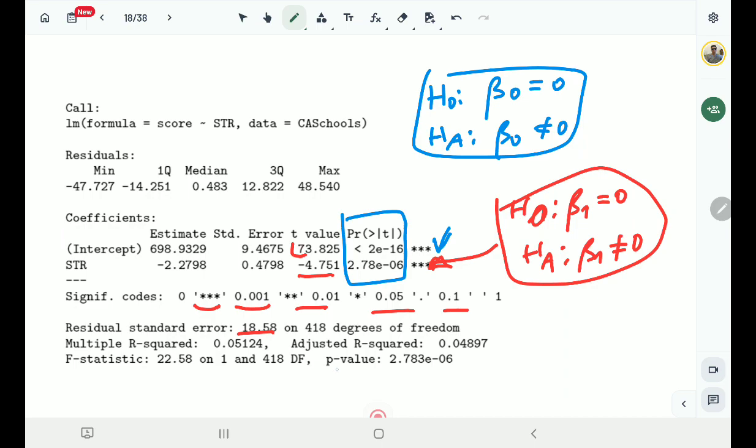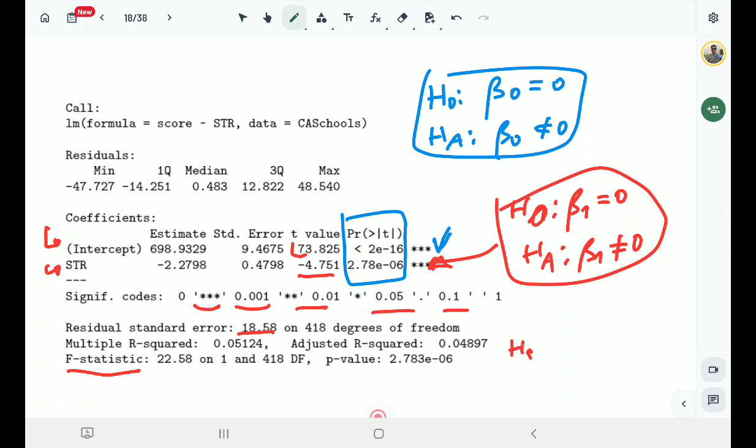So here we have the F statistic. The F statistic is evaluating the joint hypothesis. Look here. In the second and third lines, we performed individual hypothesis tests about beta 0 and beta 1.